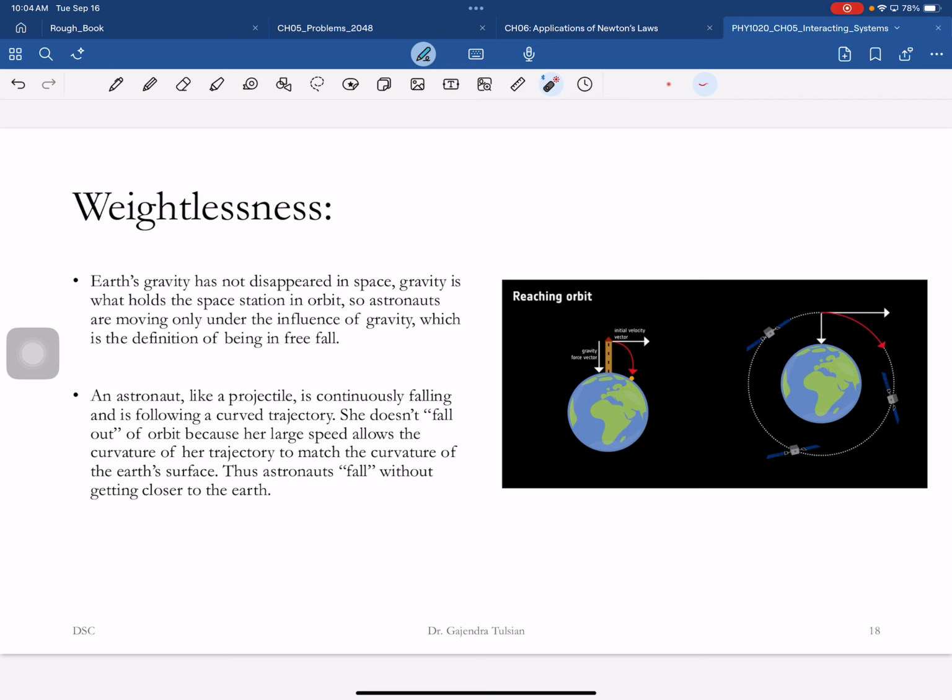You would have to have enough velocity to leave the atmosphere? I could. If I shoot it at 8 kilometers a second, it would never hit the ground. It is falling at the same rate as the Earth is curving. And that's what the International Space Station is.